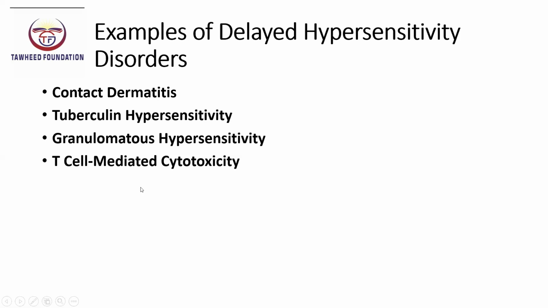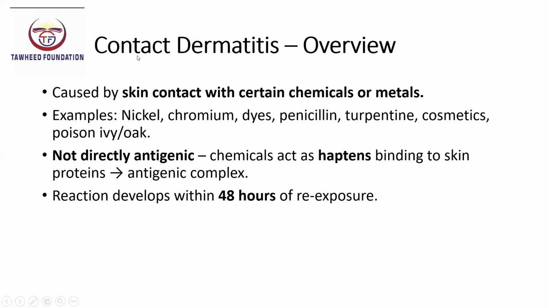And last is T cell mediated cytotoxicity seen in drug reactions or viral infections where CD8 plus T cells destroy target cells. So we'll go through each of these examples in detail to understand the mechanism and clinical signs. So contact dermatitis occurs when the skin comes into contact with certain chemicals or metals or plant substances.